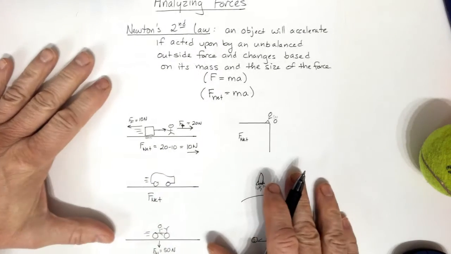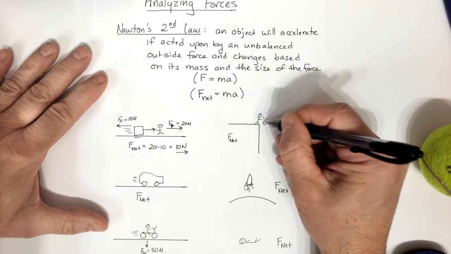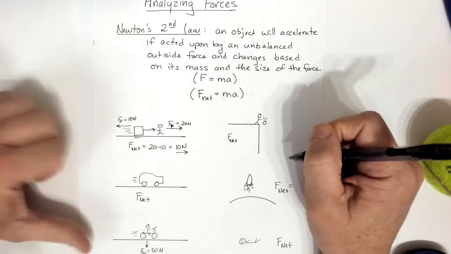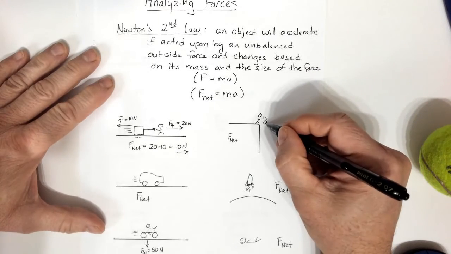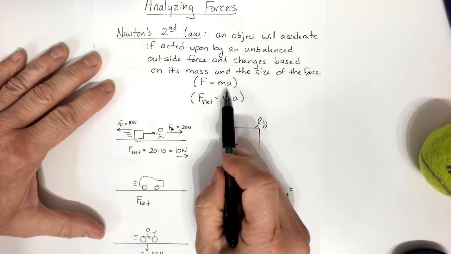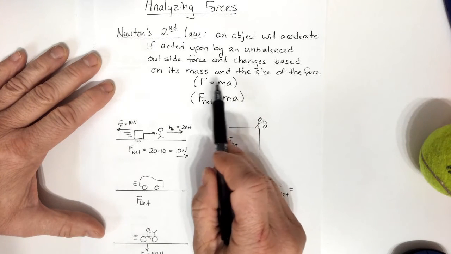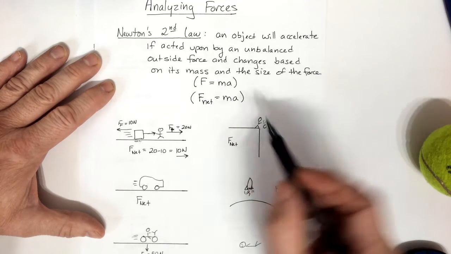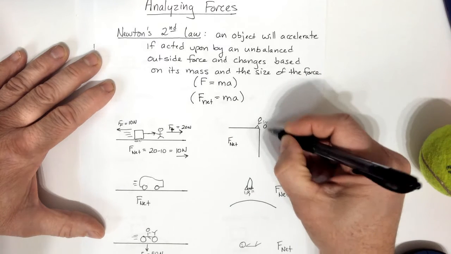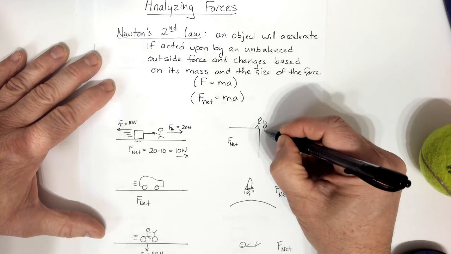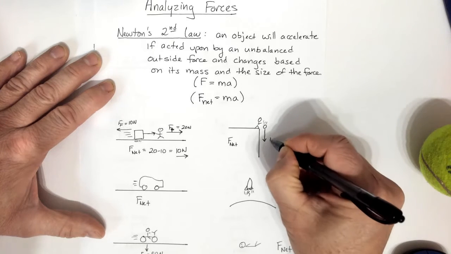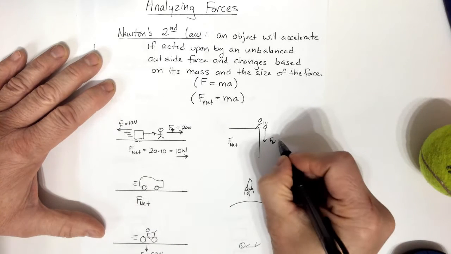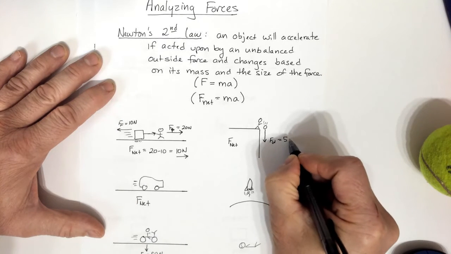Let's say I have a person dropping an object off of a building, like a bowling ball. Okay? Well, this bowling ball accelerates. If there is an acceleration, then there must be an unbalanced force. So there must be some kind of force. We know that gravity pulls down, so we're going to call that the force of weight. And let's say that the bowling ball weighs 5 newtons.